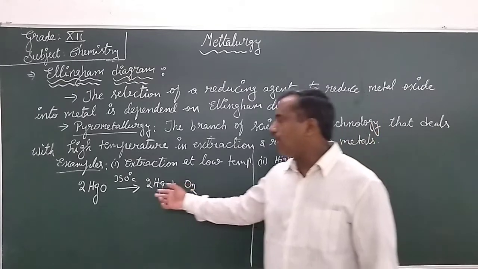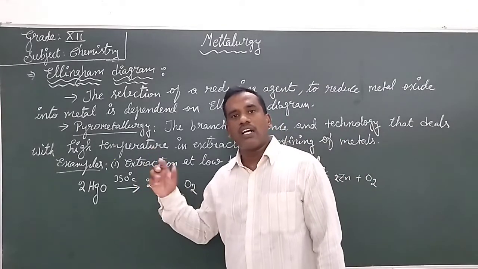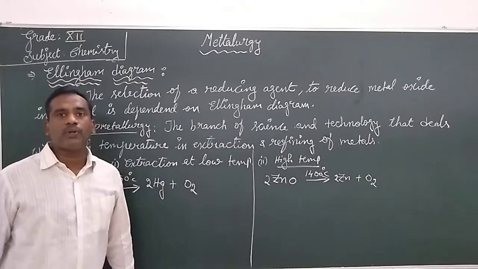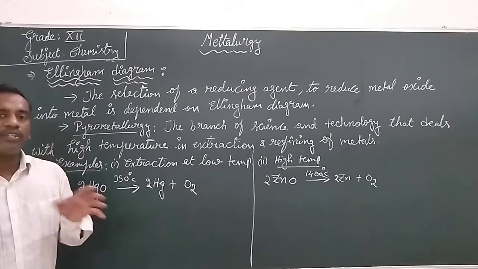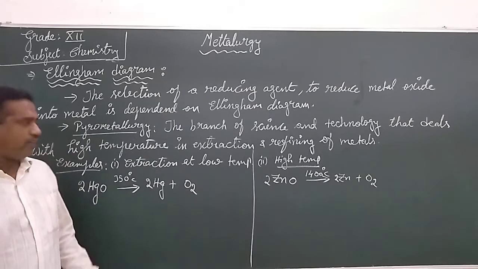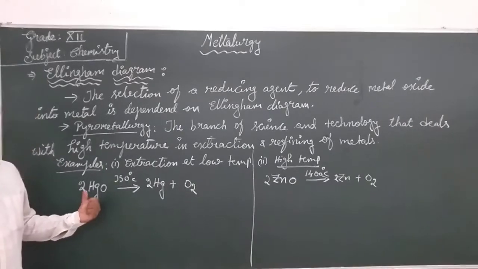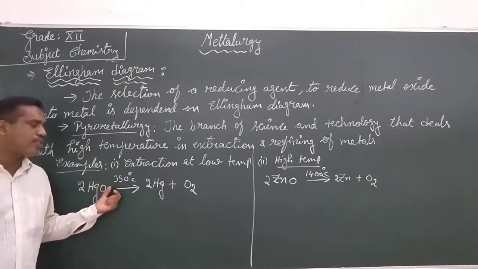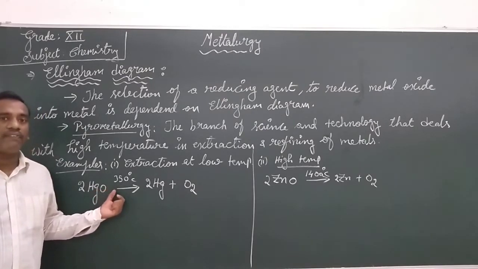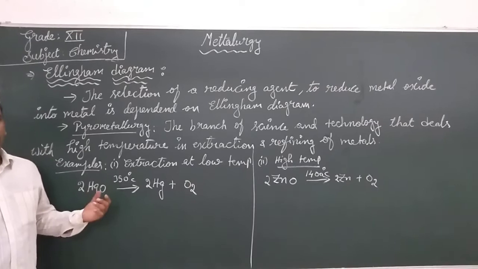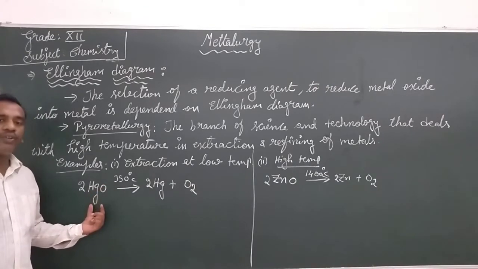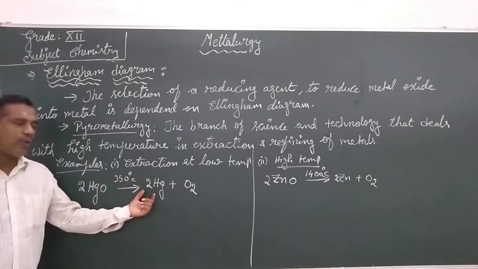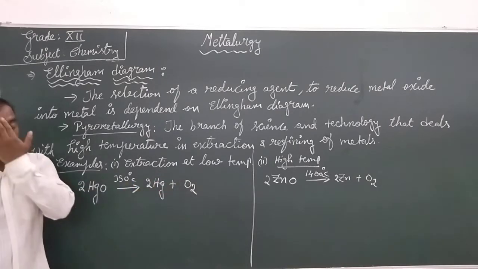You know cinnabar. What is cinnabar? It is the ore of mercury sulfide. From there we get mercury oxide. This mercury oxide, if you start heating at a temperature of 350 degrees Celsius, will decompose to give mercury and oxygen.